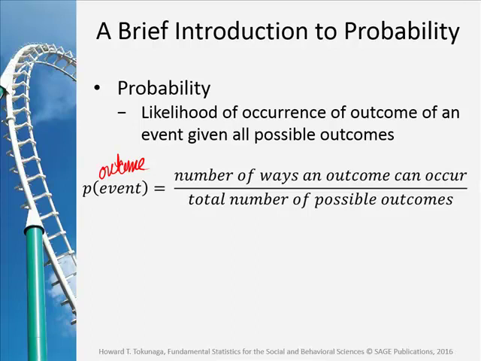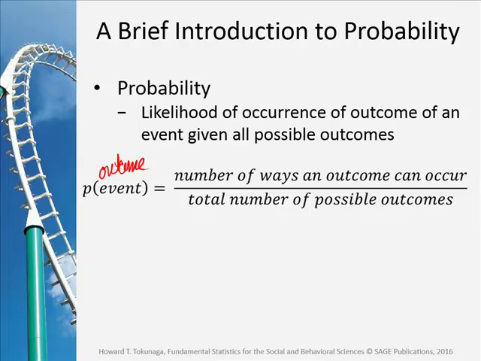So it's a fraction, and as a number, probability can never be higher than 1, because you can't have more ways an outcome can occur than possible outcomes. So it's always going to be, at most, 1.